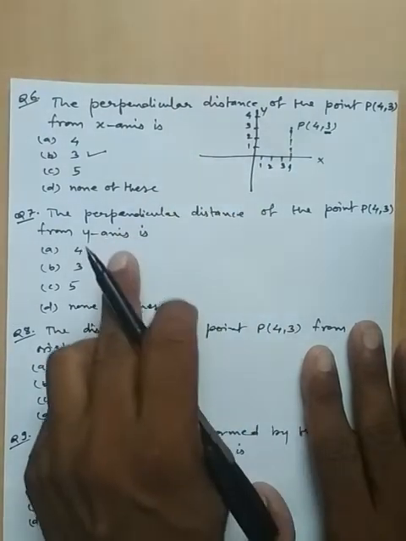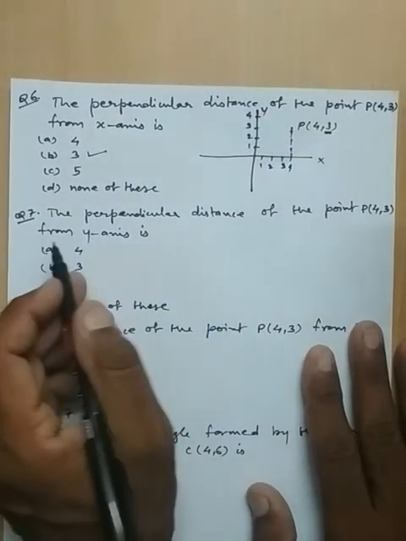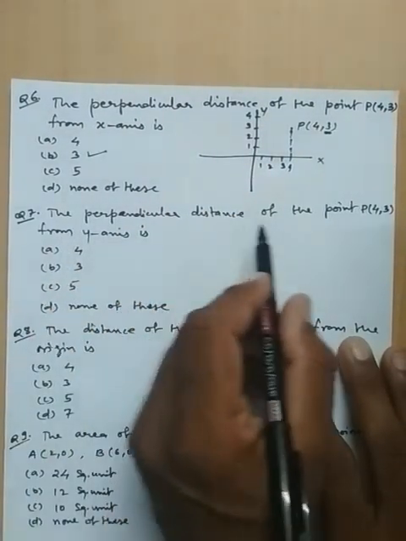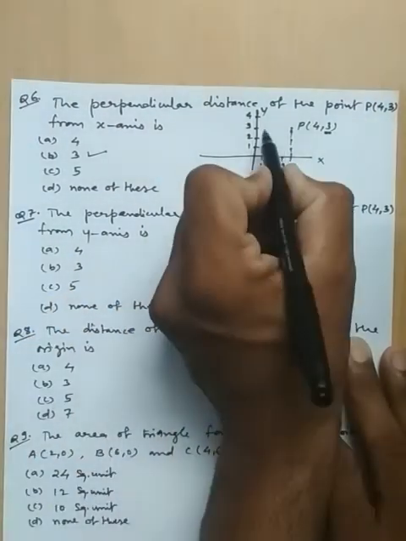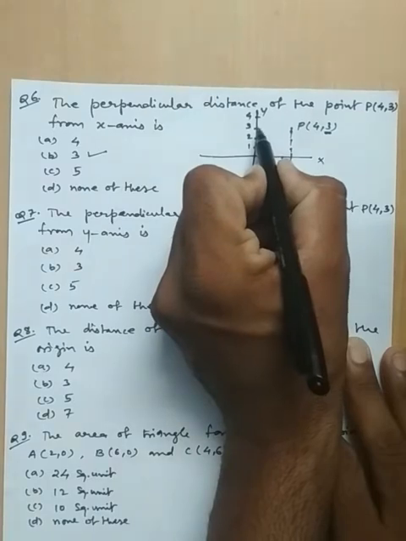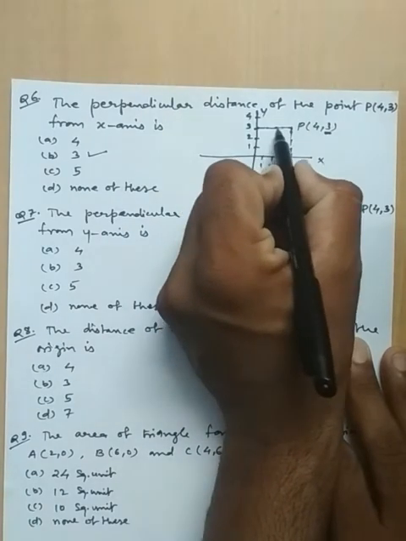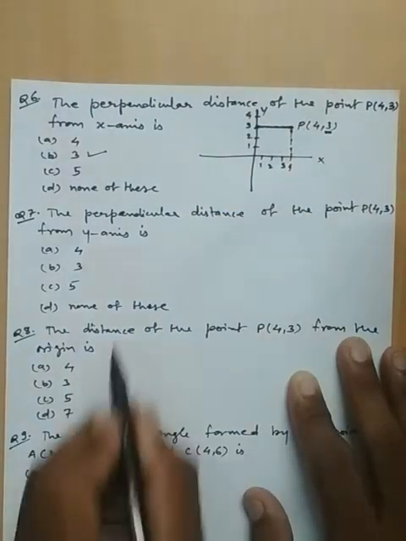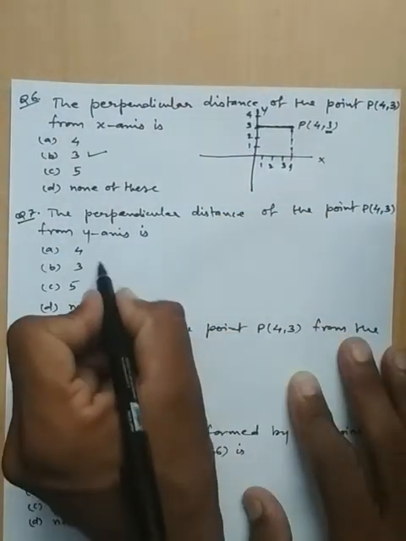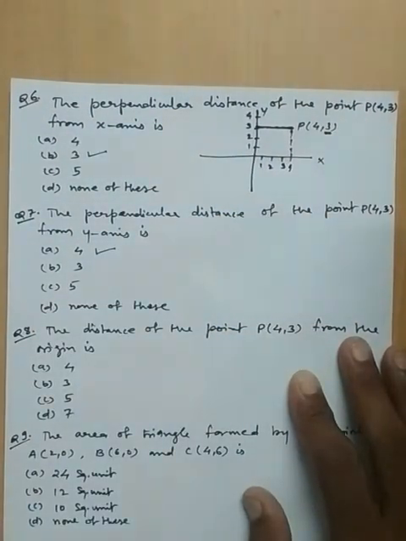The same question for the y-axis: the perpendicular distance of the point (4, 3) from the y-axis is 4 units, and this is the x-coordinate, so its answer is 4.